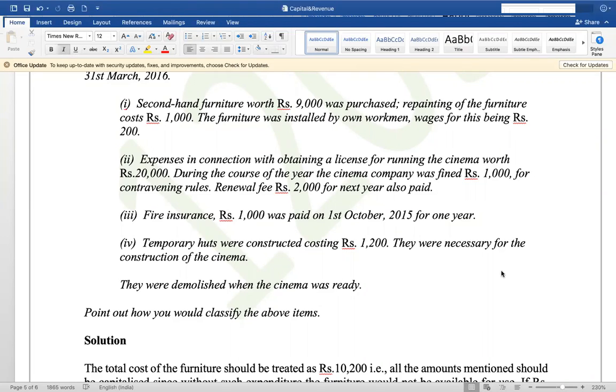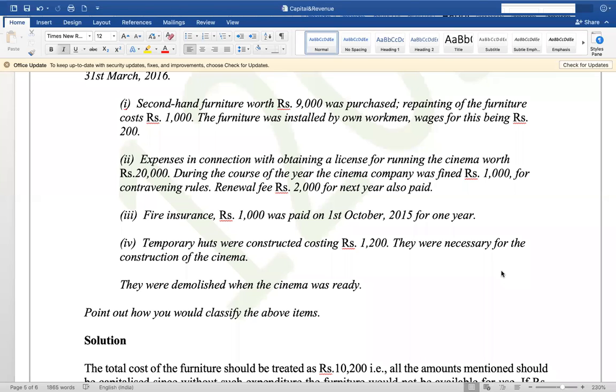Third one. Fire insurance rupees 1,000 was paid on 1st October 2015 for 1 year. Insurance, if it is paid in the beginning, then it is the expense for that year.